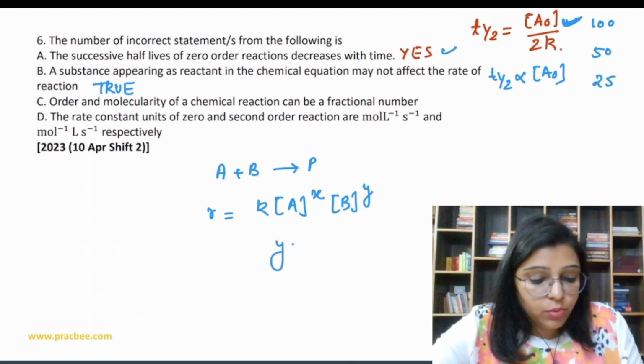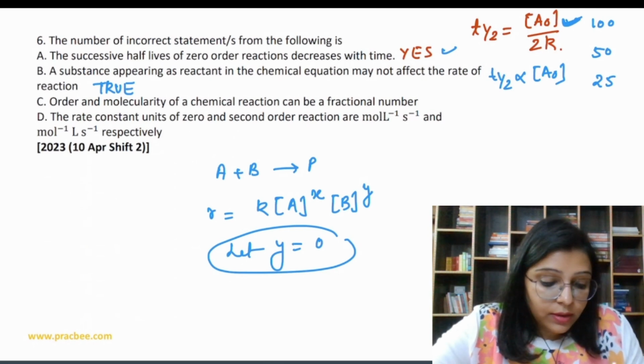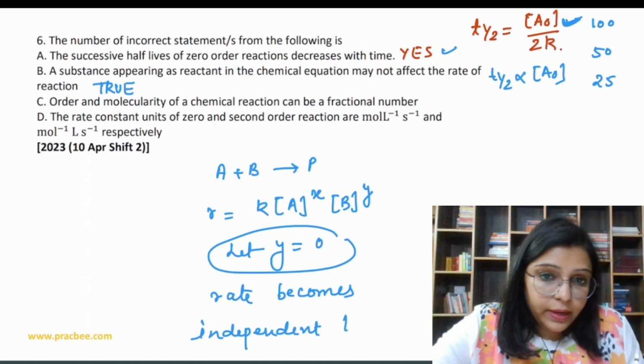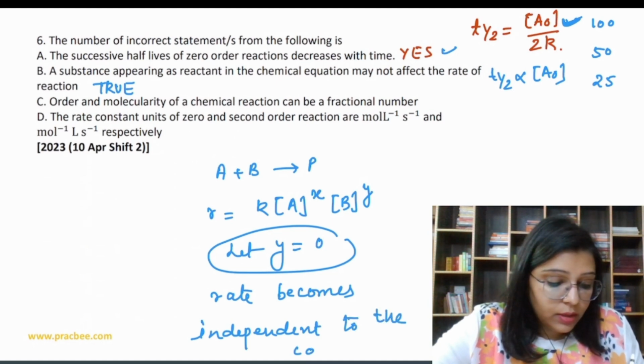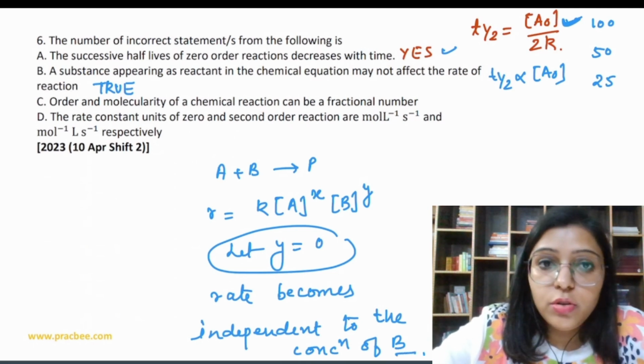So I am saying कि suppose y is equal to 0. So if y is equal to 0, then rate becomes independent of the concentration of B. ठीक है. So this statement is also true.